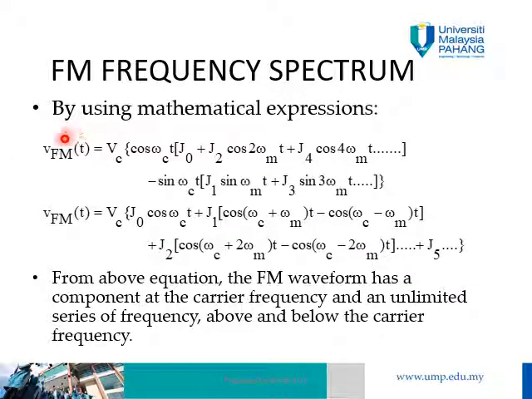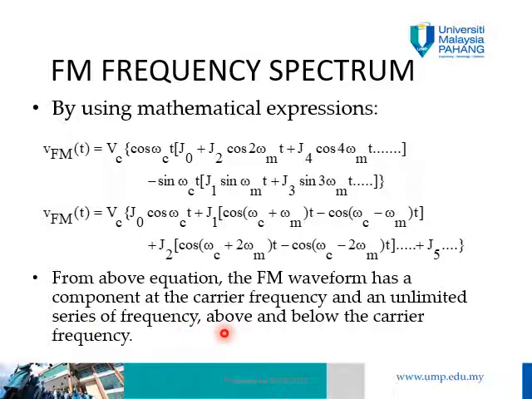By using mathematical expression, solving that equation will give this long equation. In the above equation, the FM waveform has a component at the carrier frequency, ωc, the carrier component, and an unlimited series of frequencies above and below the carrier frequency. This unlimited series of frequencies, we call sidebands.